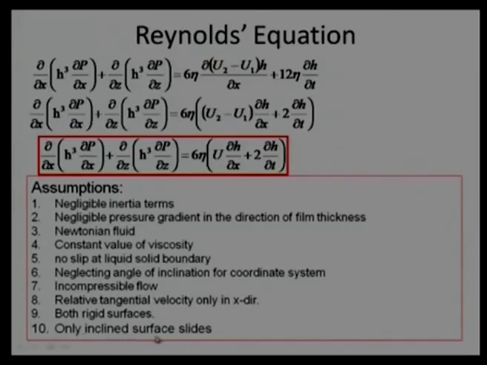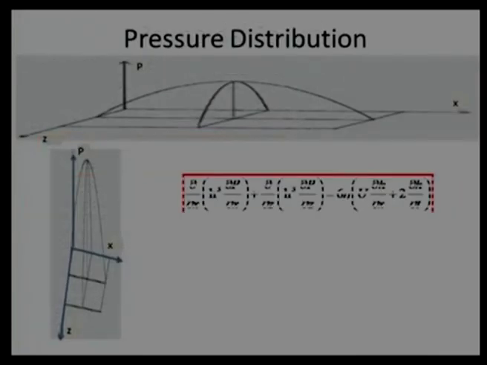And finally, we say that only the inclined surface slides. To simplify the situation, whatever solution we get first in the x direction, then the z direction, we can superimpose. So, that is not a very bad assumption, it can be made and we can get good results.